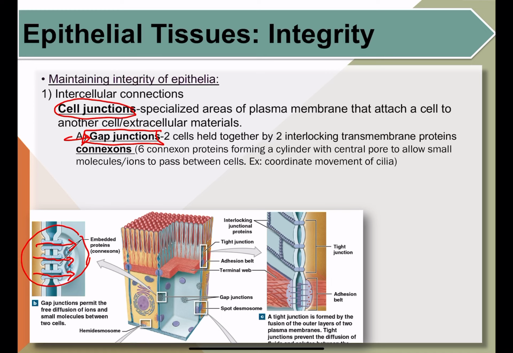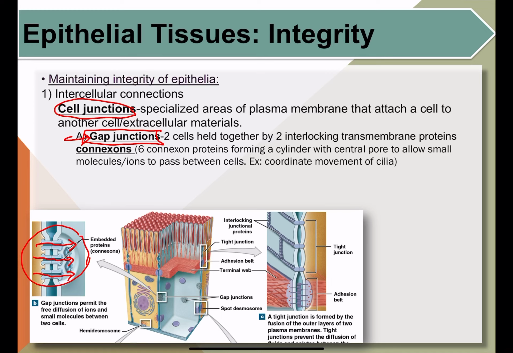Now, for example, we just went through the cilia movement that has to be coordinated, so they can't be waving around whenever they want. And how are they able to coordinate that way? They are able to pass ions from one cell to the next, signaling the next cell when to beat in that particular manner.